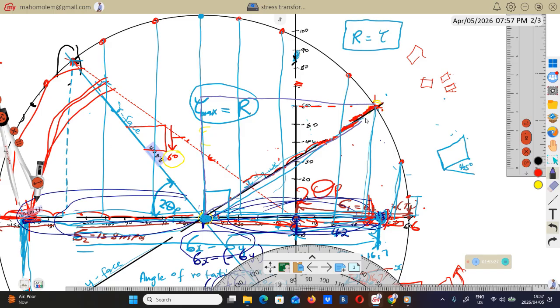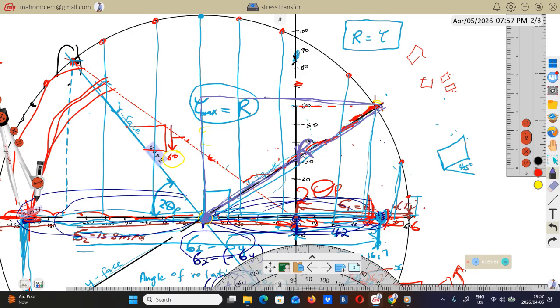Let's consider this triangle. Remember, from here to there is R. From the center to the circumference is R. So the R that I'm going to use is going to be this one, not this one.